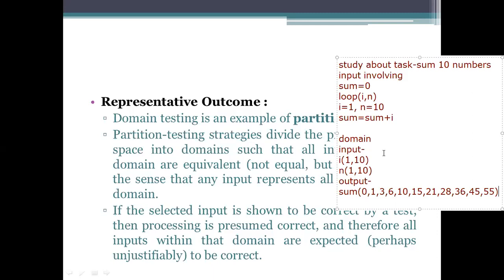Here, for the partitioning, I need to take the domains and provide domains that are equivalent. Equivalent means they have the same set, but they do not have equal types of values, and that they represent all the values all the time has not been specified.